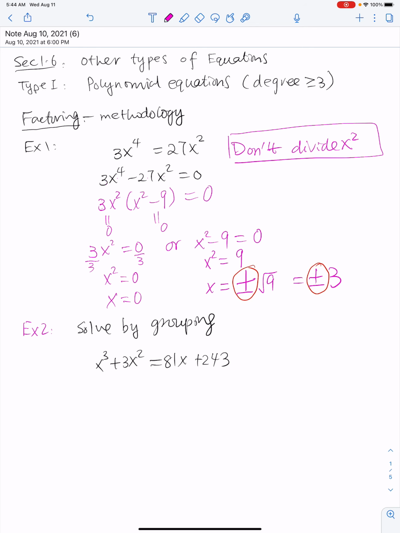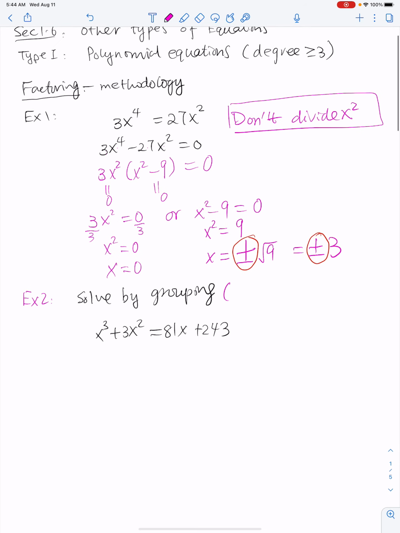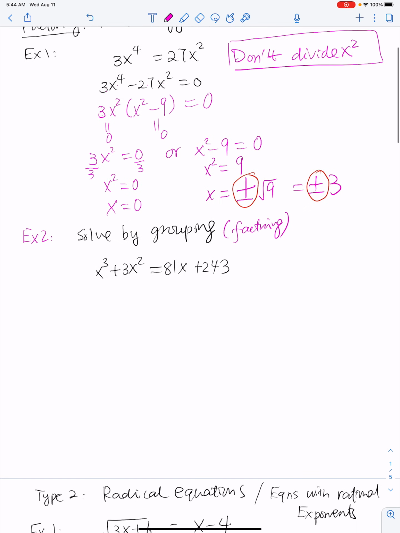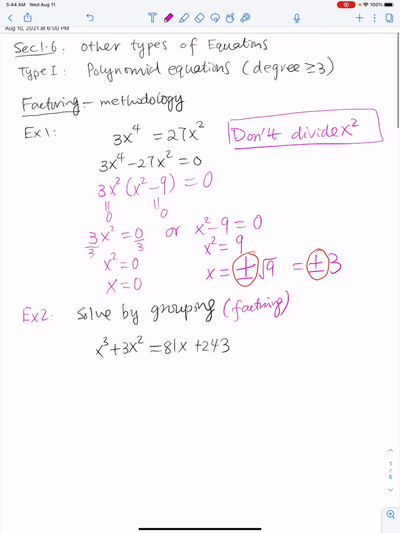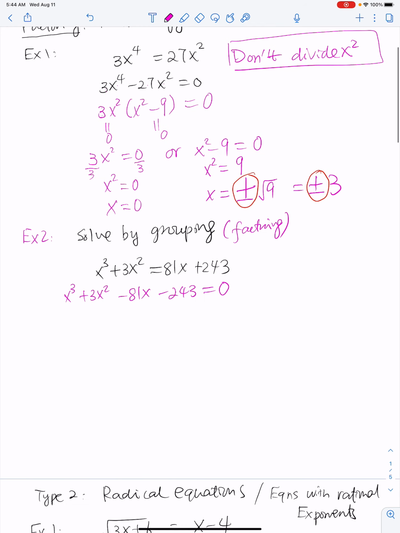Okay, solve by grouping. Grouping is also a special way of factoring. What does this mean? Whenever you want to use factoring, you have to make one side equal 0. So we have x cubed plus 3x squared minus 81x minus 243 equal to 0. Grouping means you find the first two terms together and the second two terms together.